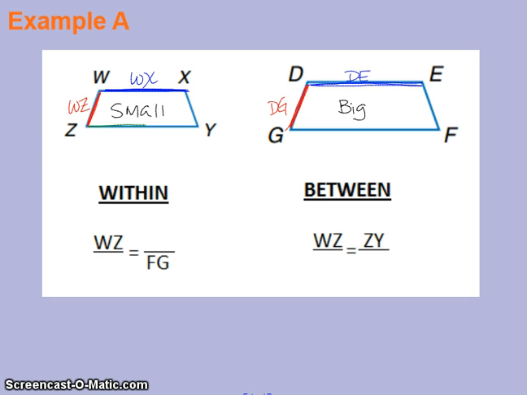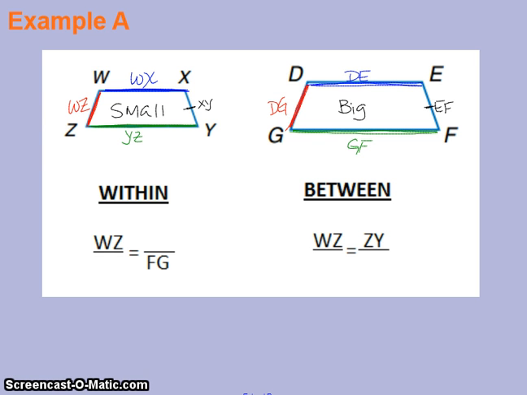I know that across from my blue, or right below it, is side YZ, or ZY, and I know that corresponds over here to side GF, or FG. I'm only left with one more, which is side XY, and that corresponds on my larger one to side EF.